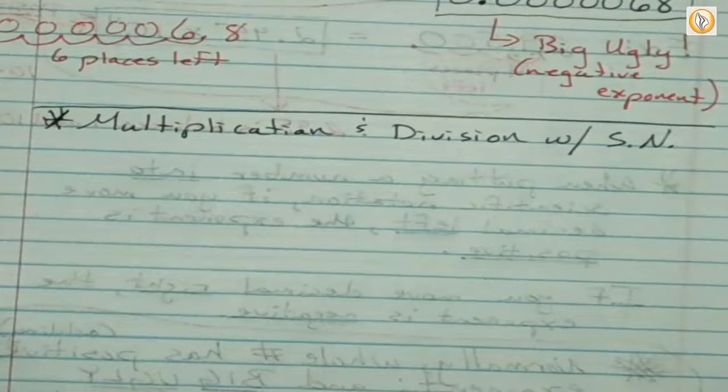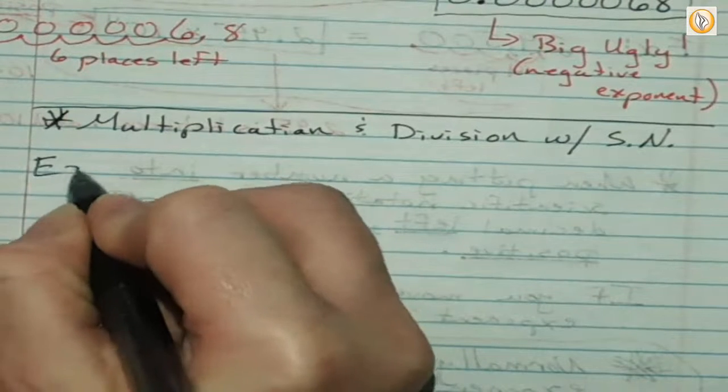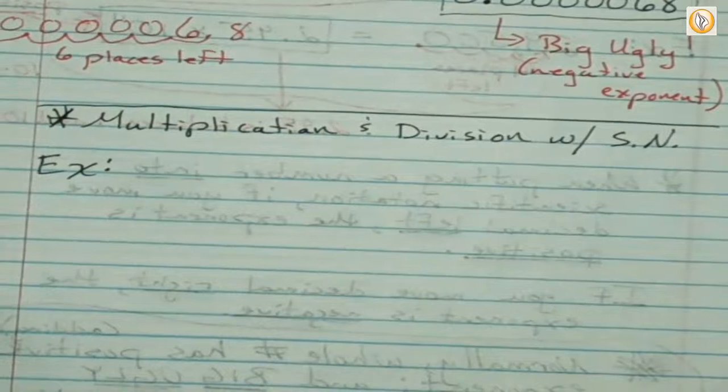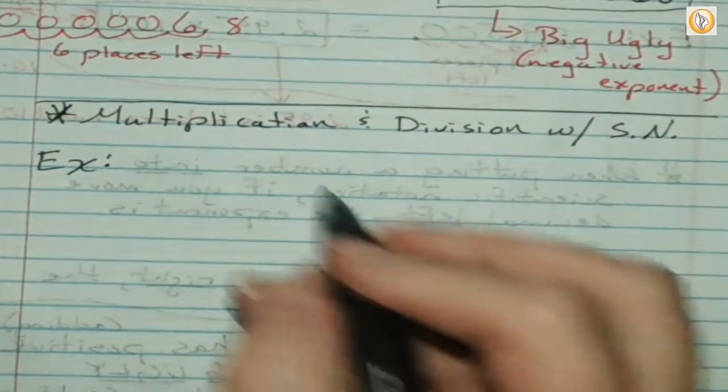Multiplication and division with scientific notation. Are y'all ready? Good? All right, here we go. Keith, you awake? Once I show you this, you're like, oh, okay.